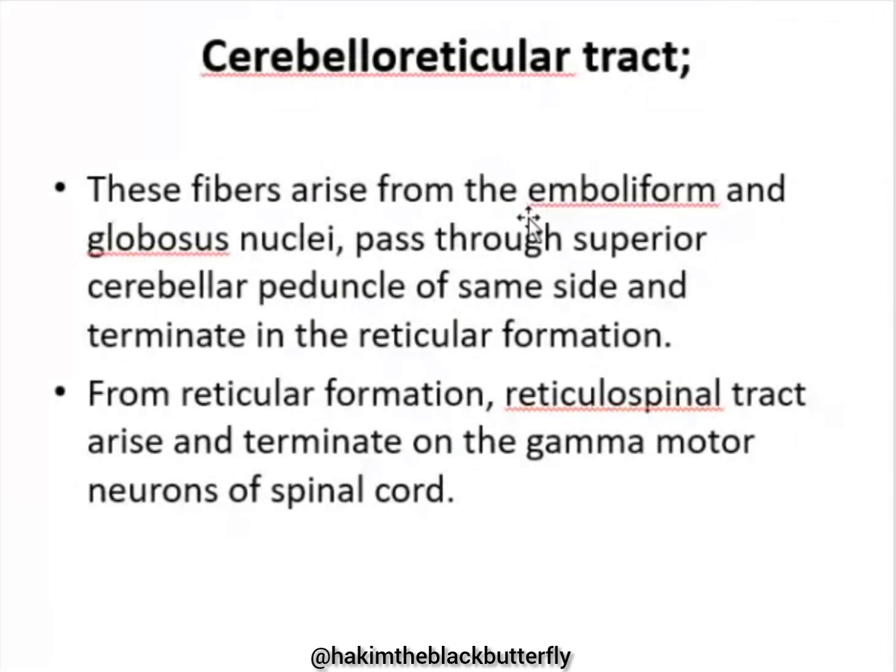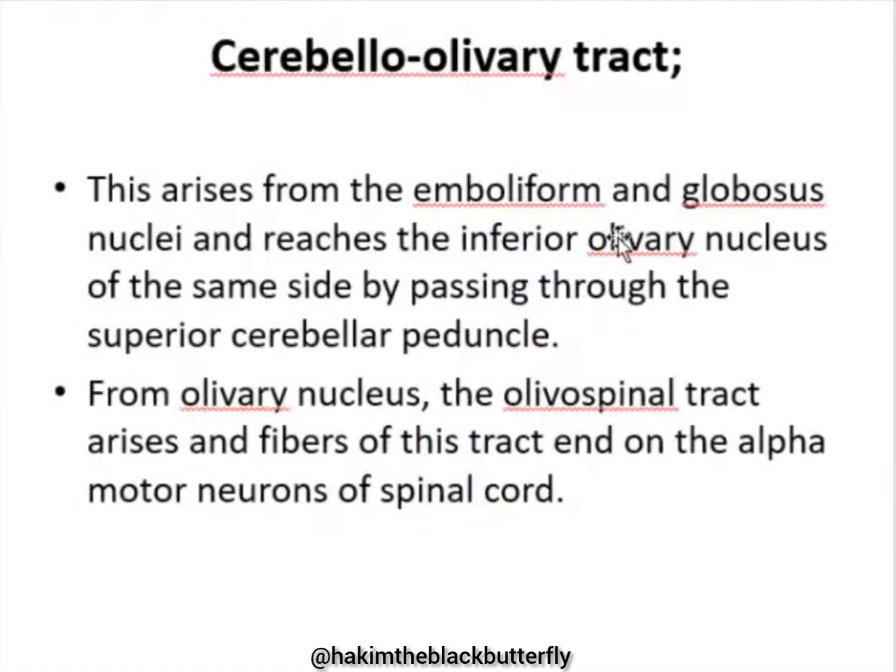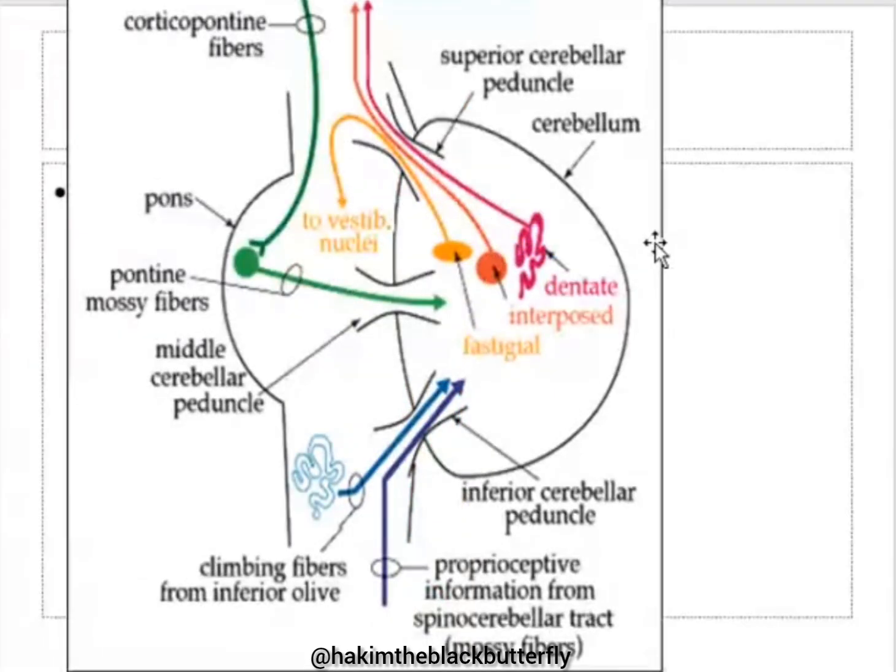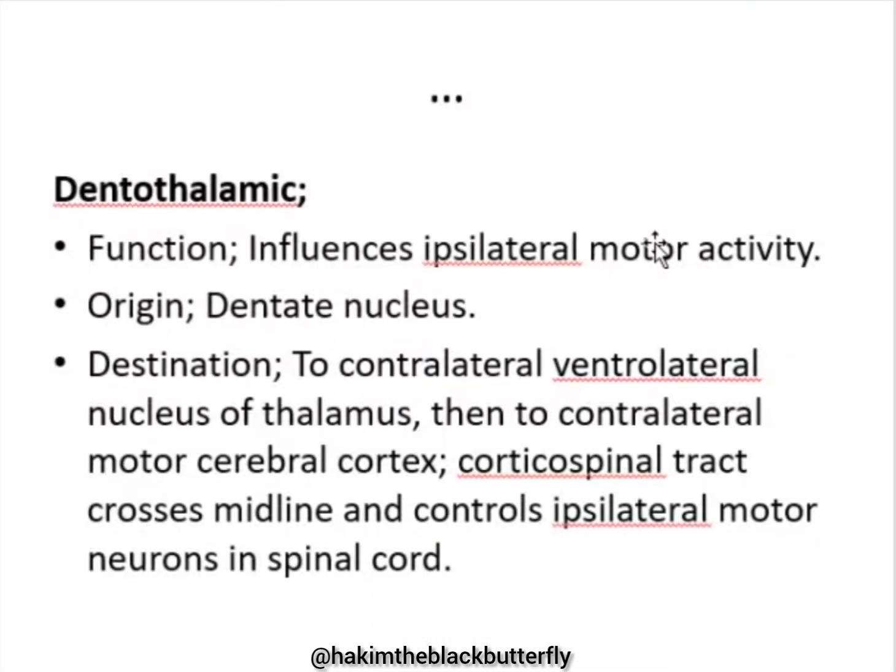Cerebelloreticular tract from the cerebellum, especially from the emboliform nucleus to the reticular formation of the brain stem through the superior cerebellar peduncle. Then the cerebello-olivary from the emboliform nucleus and globose nuclei. That information moves out and goes to the inferior olivary nucleus, and so on and so forth.